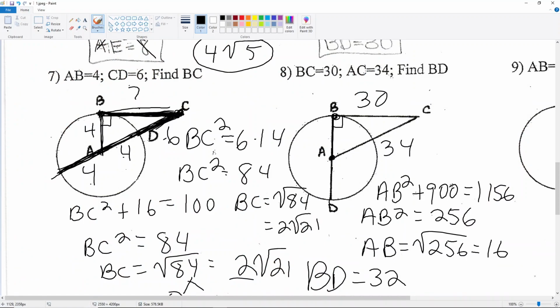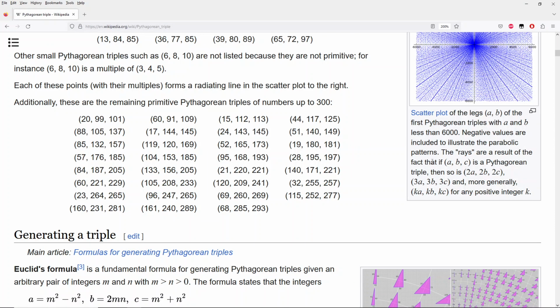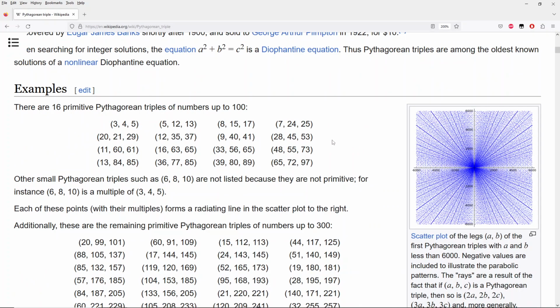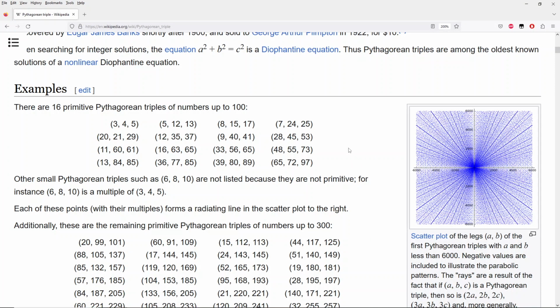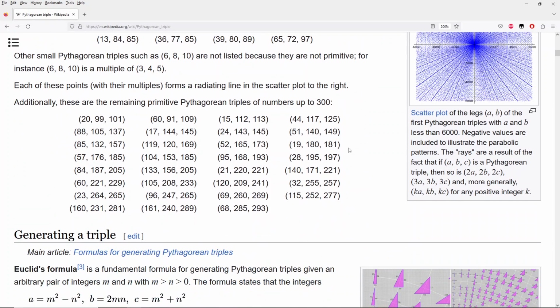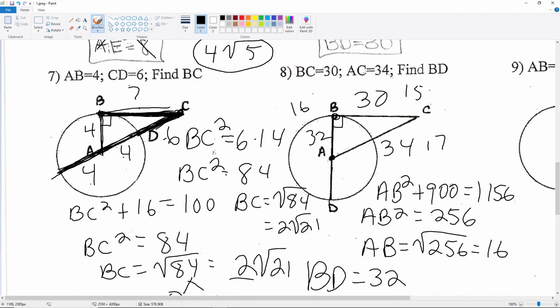Remember, we can divide by 2, so 16, 15, 17. Is that a Pythagorean triple? It's not. What is going on here? Let's double check.